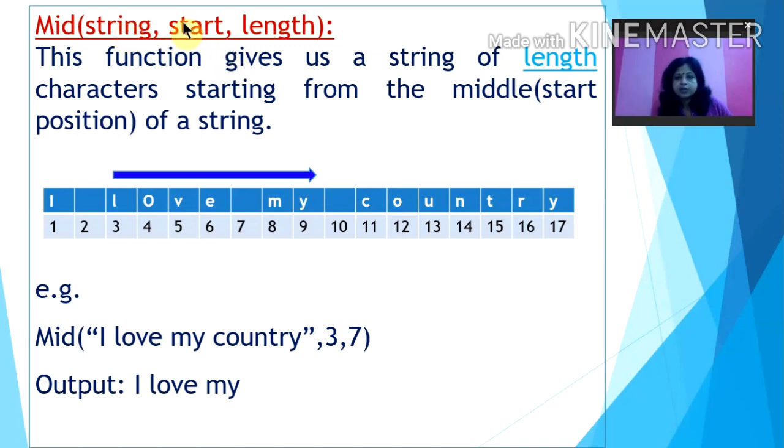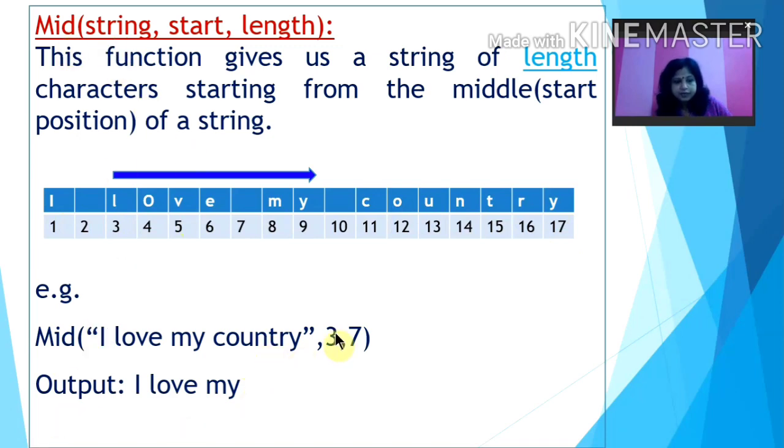Then the start position, meaning from which position of the string we want to start. Then the length, meaning how many characters we want to extract. Suppose, see one example here. "I love my country" consists of 17 characters. Suppose I have given the example MID of "I love my country". It is the string.